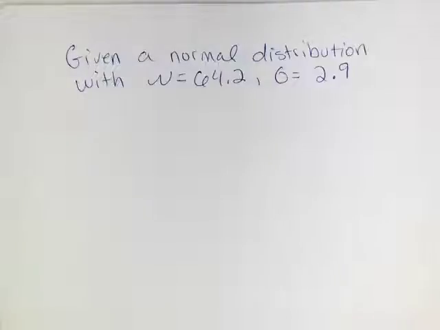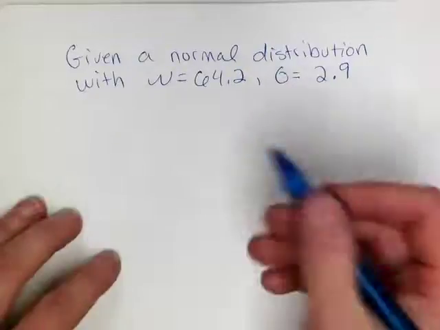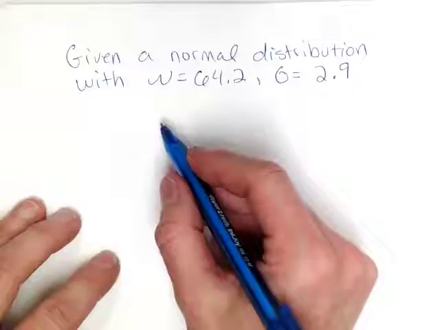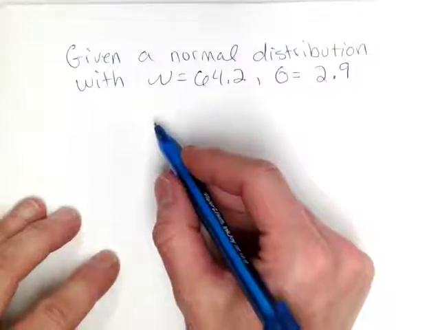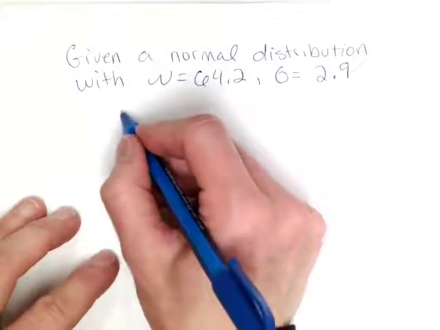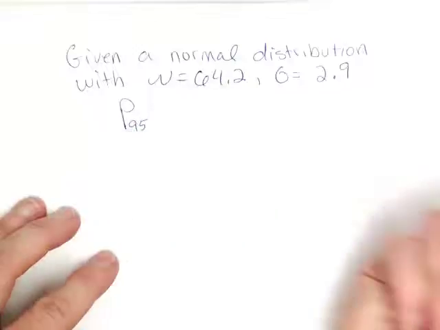So we know right off the bat this is not standard normal. If we were to do this by hand, we're going to have to first get a z-score and then unstandardize to get a corresponding height. So the first part is what height represents the 95th percentile. So what they're asking for is p sub 95.